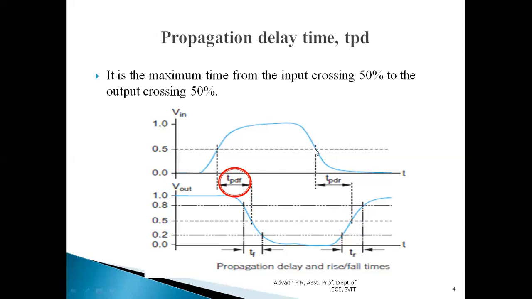It is the maximum time from the input crossing 50% to the output crossing 50%. This is called the rising edge propagation delay because here the output waveform is rising.